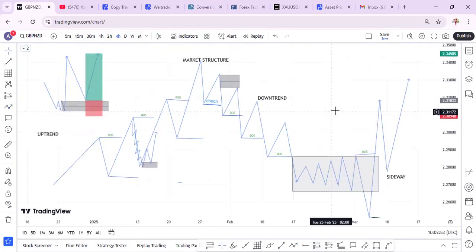So this is what you need to know. And this is a little I will share about market structure. If you want to know more about market structure, then we get that one in a class of itself. But I just want us to have understanding about how market structures work.